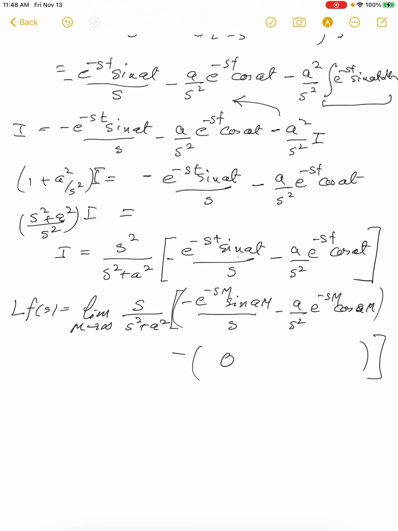At 0, the first term will be 0 because sin of 0 is 0, and the second term, at t equal to 0, e^(-st) is 1 and cos(at) is also 1, so it's minus a by s squared. So this is going to be s squared over s squared plus a squared. All these terms with exponential e^(-sm) will tend to 0, and you will be left with a by s squared. I should have had an s squared here. Yes, that's what we have. So this gives you a over s squared plus a squared.